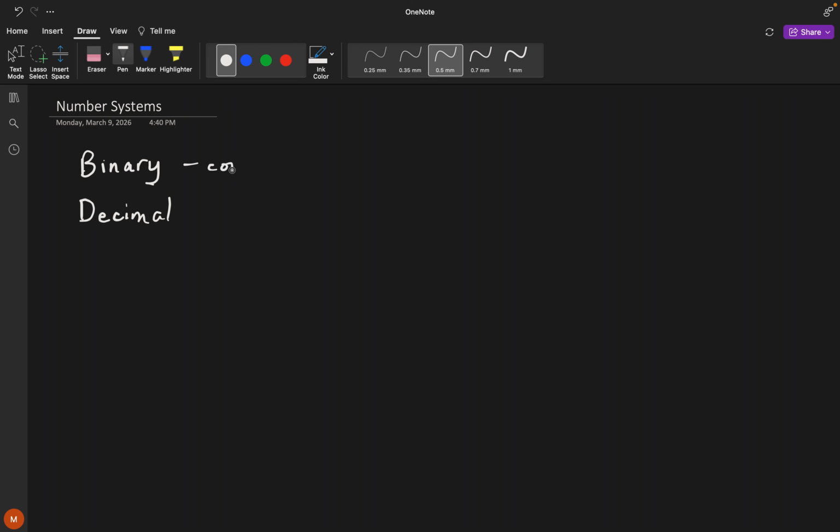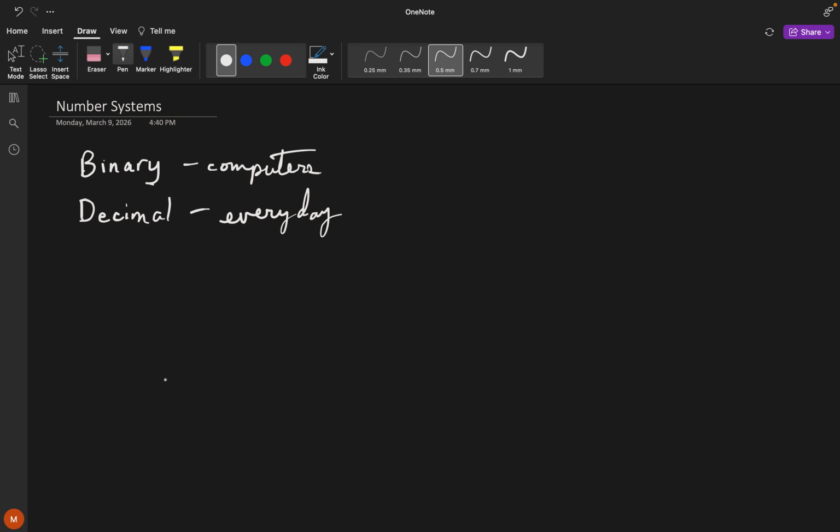Computers use the binary system for absolutely everything. Decimal is our everyday number system that we use for money and counting things and everyday conversation about quantities and values that are numeric.